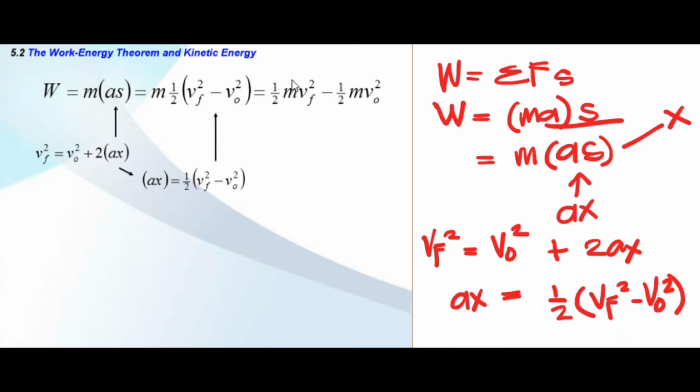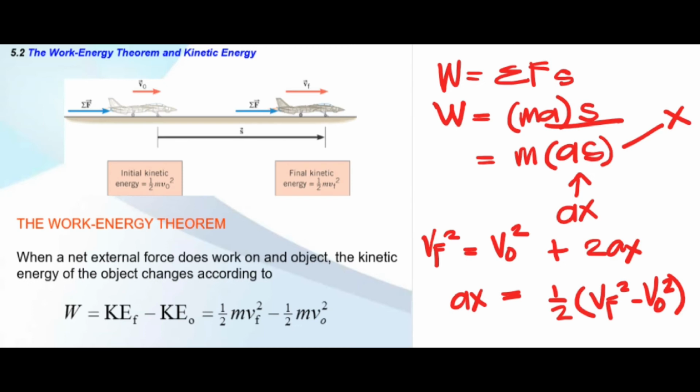Therefore, this is kinetic energy final minus kinetic energy initial. So this is the work energy theorem. When a net external force does work on an object, the kinetic energy of the object changes according to this equation: W is equal to kinetic energy final minus kinetic energy initial, or it is also equal to 1/2 mvf squared minus 1/2 mv sub 0 squared, or the initial velocity.